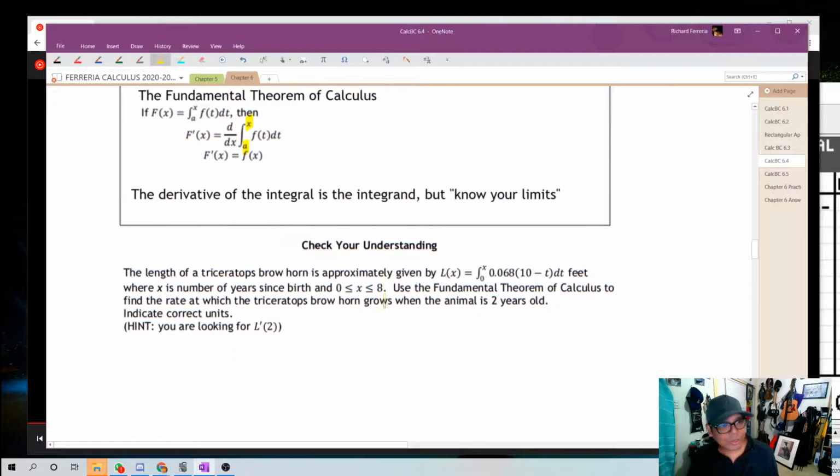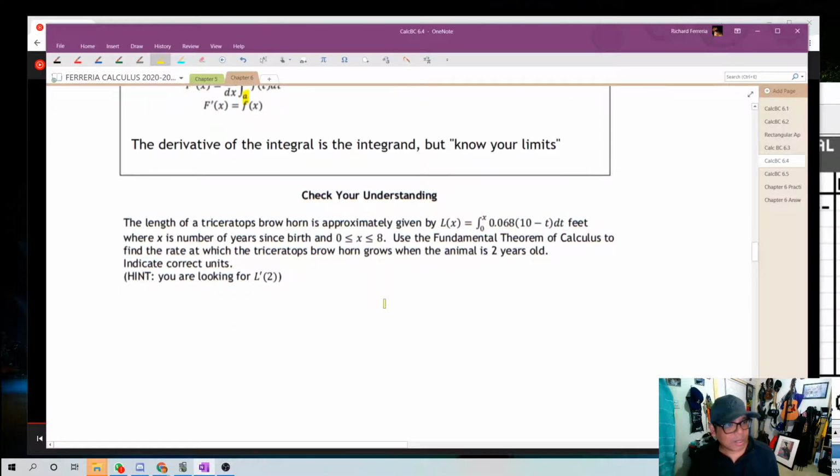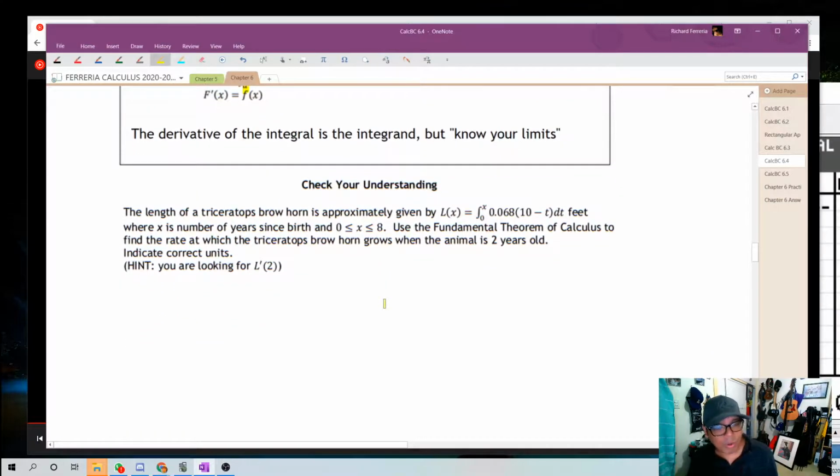Let's check our understanding. The length of a triceratops brow horn is approximately given by this function L of x in feet, where x is the number of years since birth. So x is the age of the Triceratops, and L is the length of the brow horn.